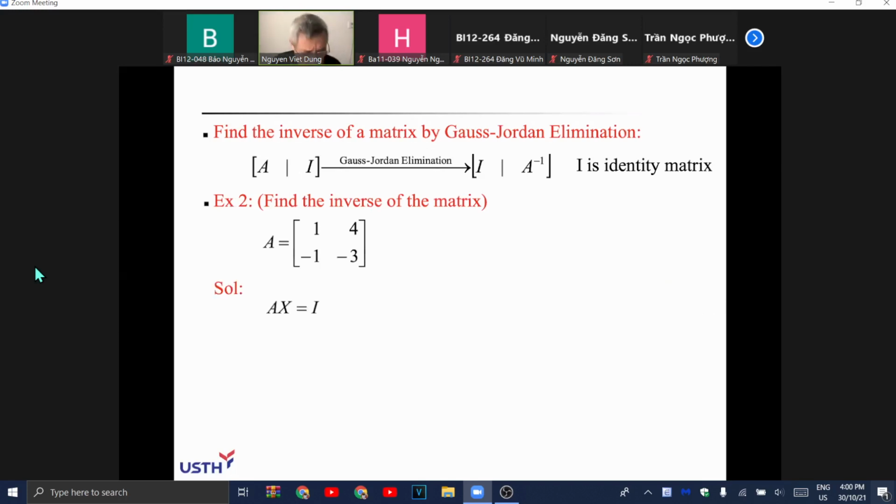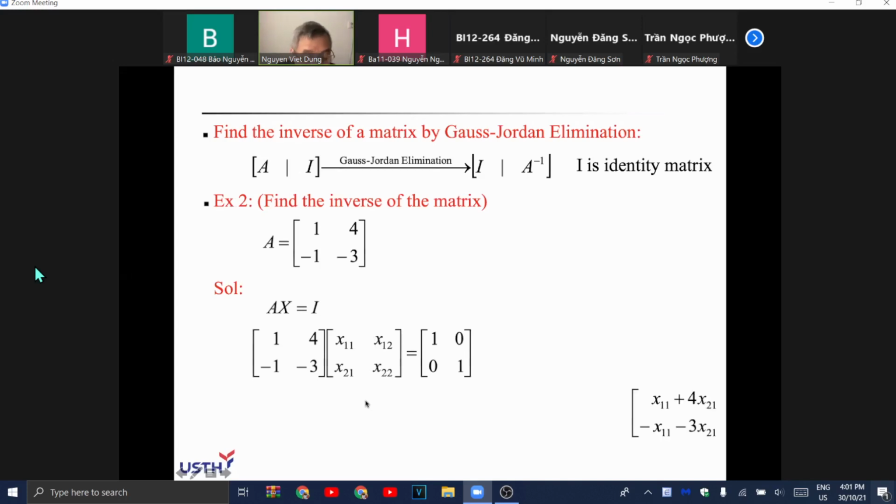Suppose that we are given A, a very small one, a 2 by 2 matrix like that. We need to find the inverse of A, meaning we need to find a matrix X like that, so that A multiplied by X gives the identity. And X consists of four entries, X11, X12, X21, X22.